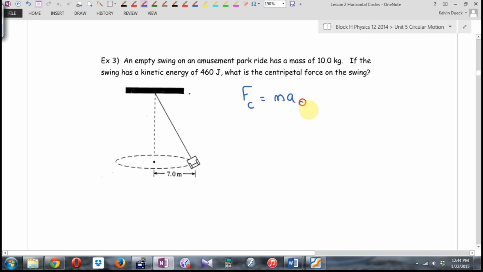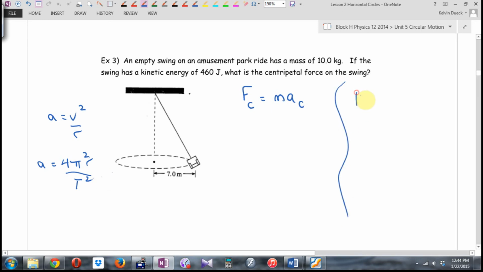Centripetal force, F equals ma, c. Which a am I going to use? Did they give me the v? Did they give me the speed or the period in the question? No. What else did they give me in the question?